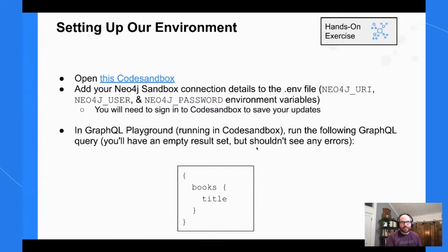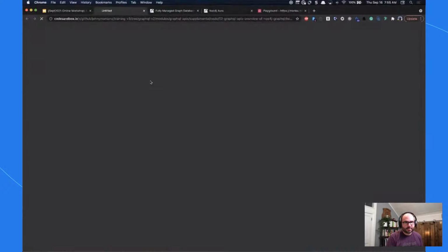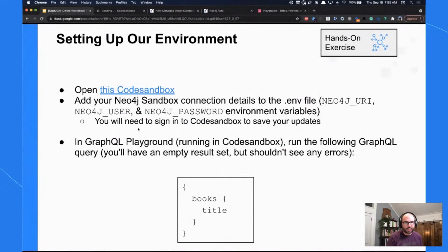And that has already been created in a Codesandbox environment for us. So what we're going to do is open this Codesandbox link, and this will be in the slides.